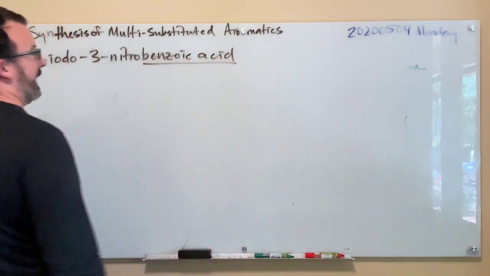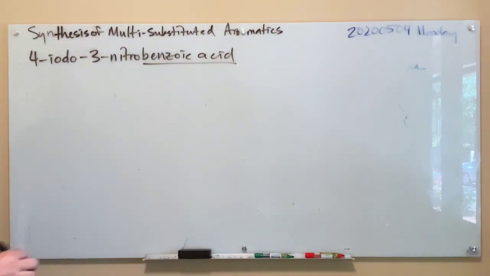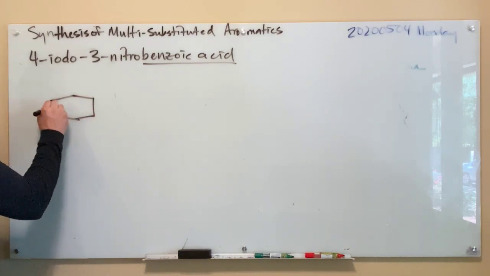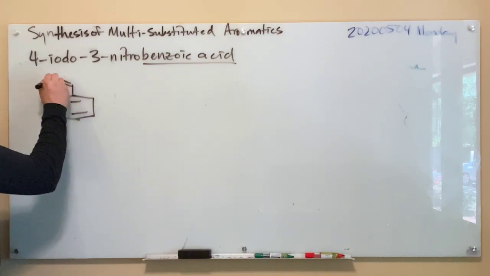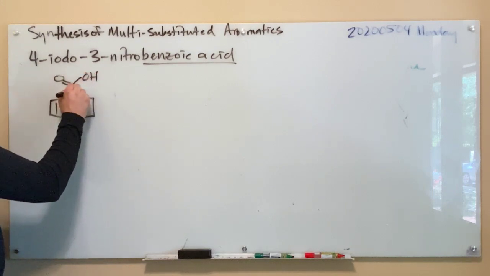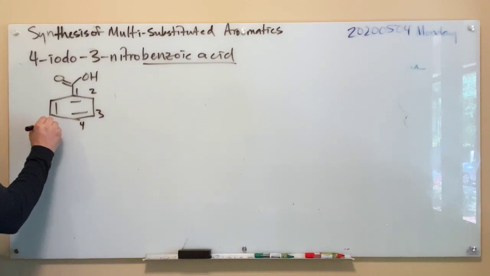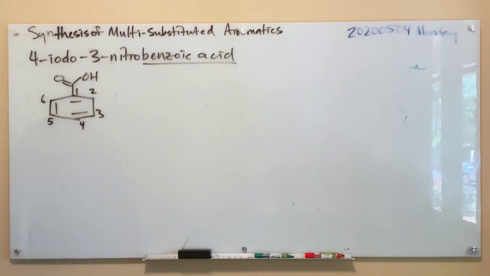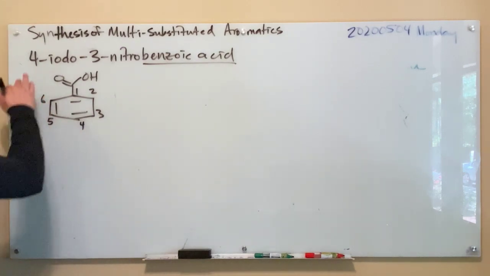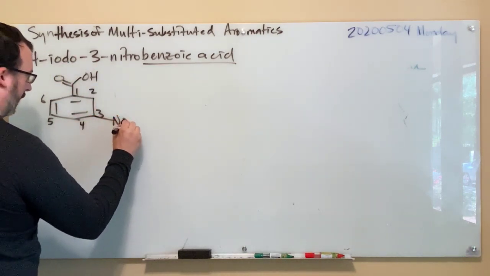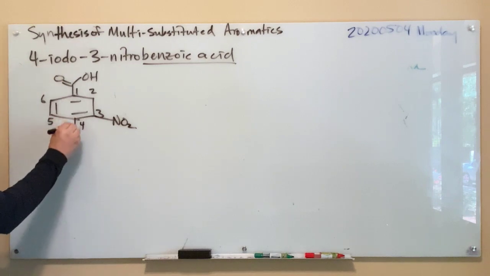So we want to convert this name into the structure, with the benzoic acid being the parent. The acid functional group is at carbon 1 of the ring. So if we're putting these substituents on, we have 3 nitro, we have 4 iodo.